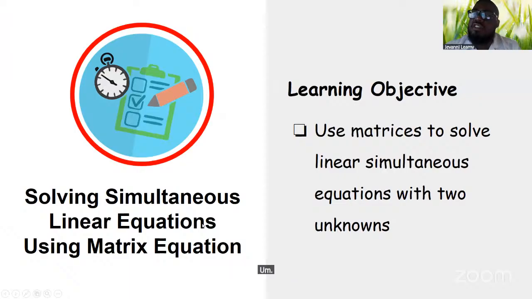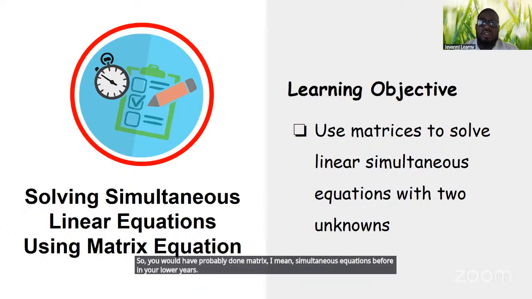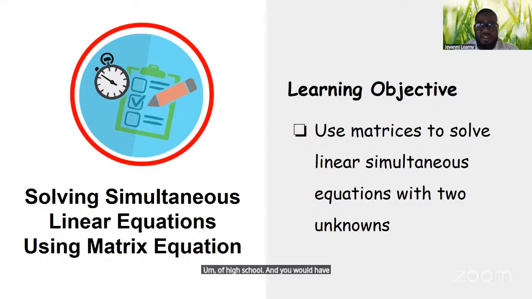Solving simultaneous linear equations using the matrix equation. You would probably have done simultaneous equations before in your lower years of high school, using the elimination method, substitution method, and even graphically.